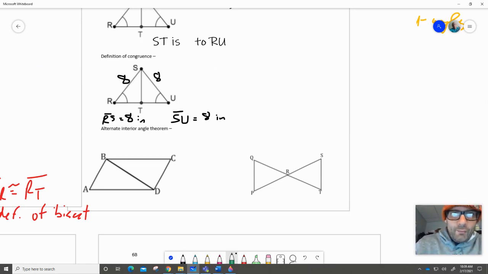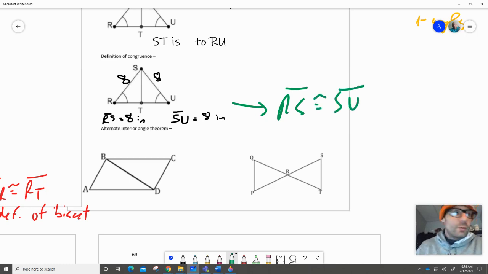Well, by the definition of congruence, we could say RS is congruent to SU, by the definition of congruence. Because congruence is defined as having the exact same measurements, which if RS has a length of 8 inches and SU has a length of 8 inches, then they have the same measurement. So that is sort of the definition of congruence.